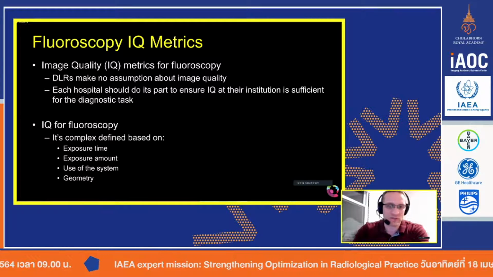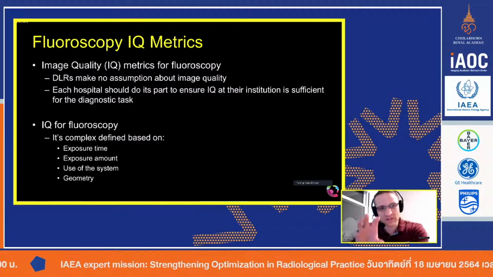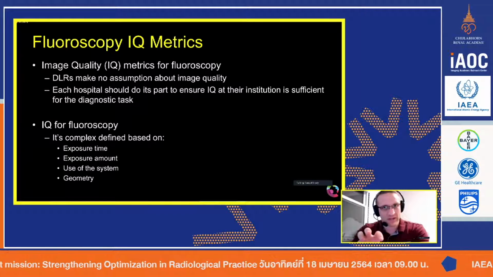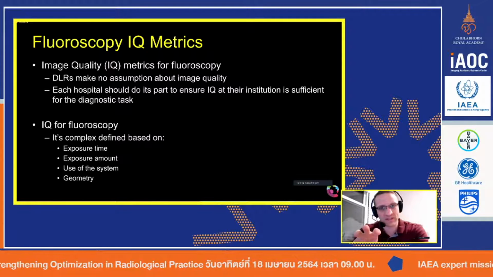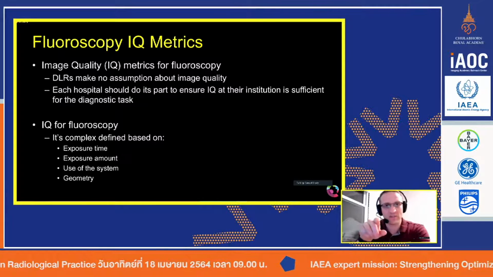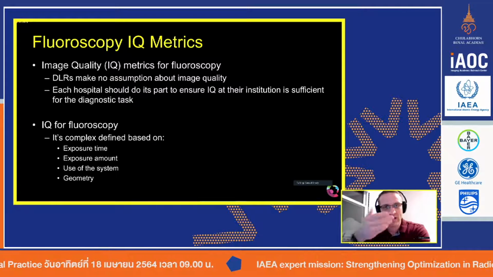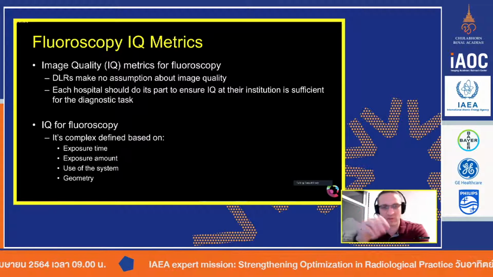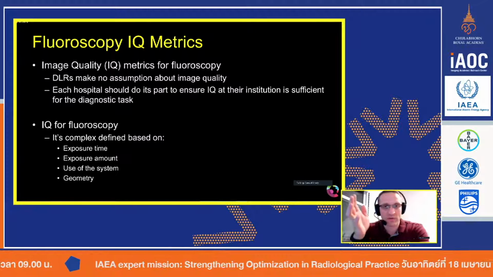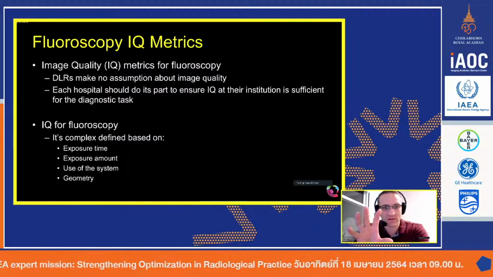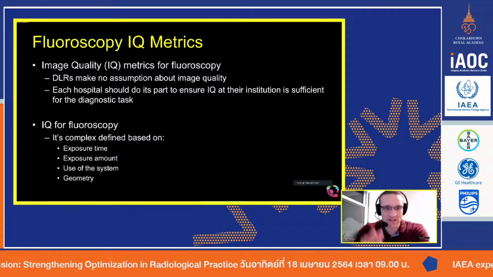Hopefully the image quality at that level will be sufficient for the diagnostic needs at your institution. Very specifically, talking about image quality for fluoroscopy, it's rather complex. When we take a picture with CT, even though we're taking lots of them as it spins around the body, they're all stationary pictures that get put together, and radiologists and other practicing physicians are able to see a static version of the anatomy. In fluoroscopy, that's obviously not the case.